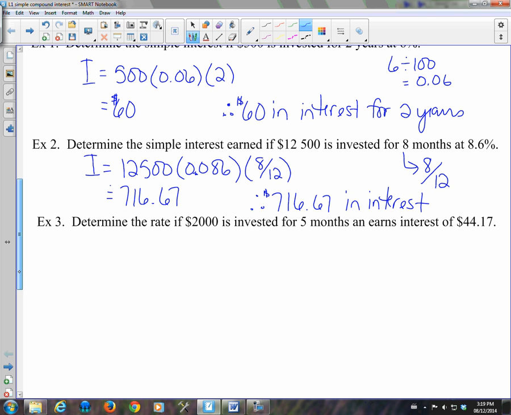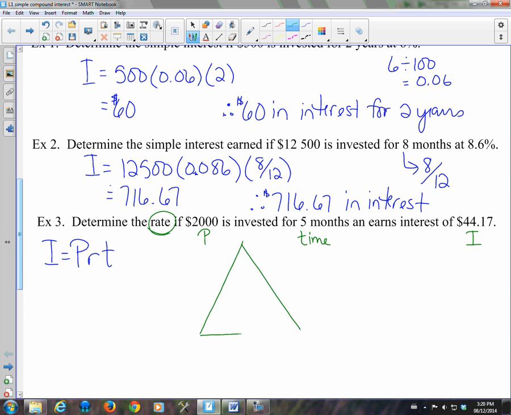So in addition to figuring out the interest, I equals principal times rate times time. If you know 3 out of the 4 things, you can always figure out the missing one. So in this question, I want to determine the rate if my principal of $2,000 is invested for my time of 5 months out of 12 and earns the interest of $44.17. So there's a little shortcut you can use for simple interest.